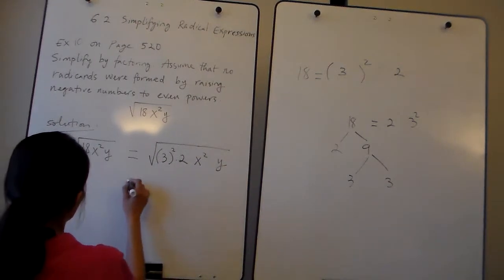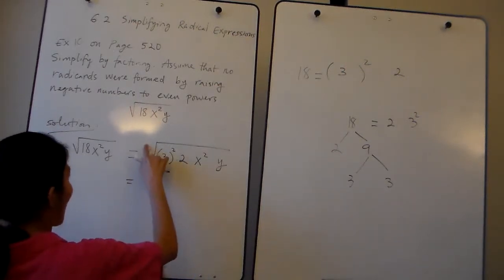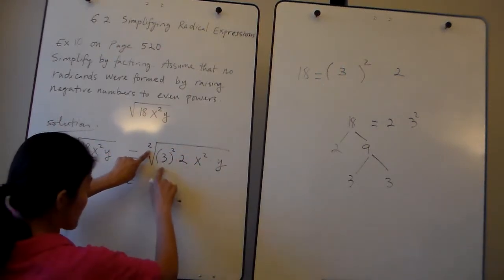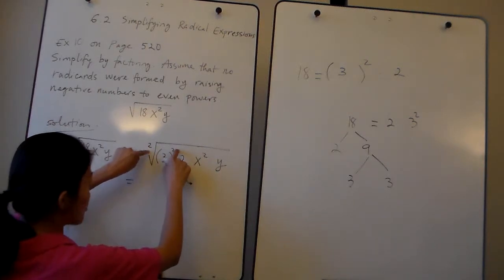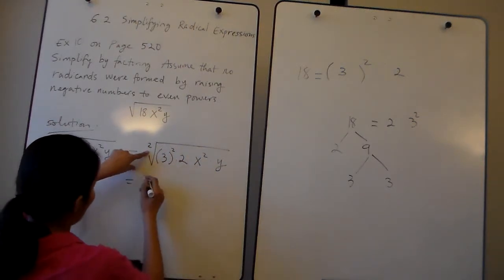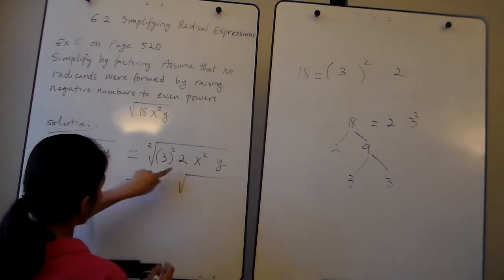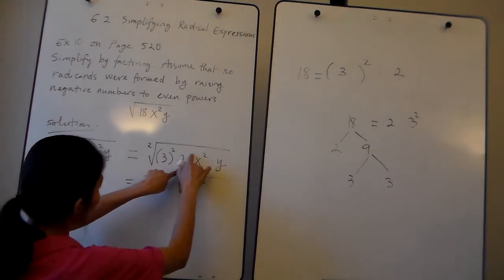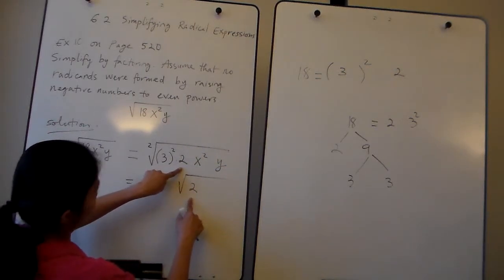So it looks like you can take this 3 outside the square root because there's a 2 here, right? If this factor has the exponent 2 matched with the second root, you can take the 3 out of the square root. This 2 is a prime, and it does not have the exponent 2, so it stays inside the square root. You cannot take it out.